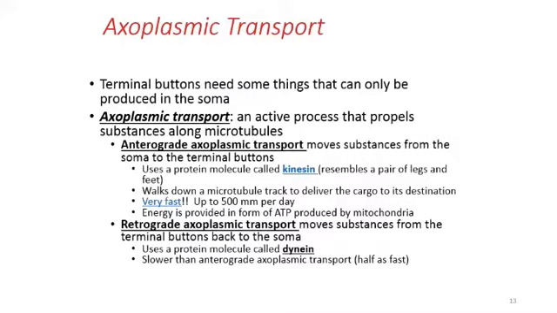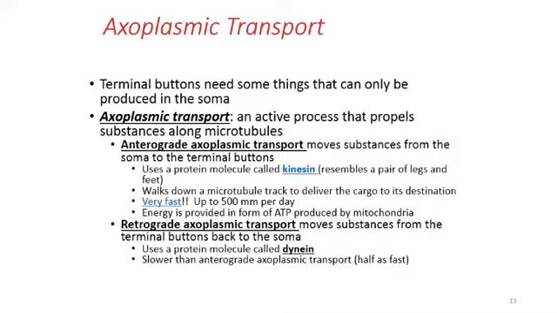There's one type of axoplasmic transport that goes from the soma down to the terminal buttons, and that is called anterograde axoplasmic transport. And it uses a protein molecule called kinesin, which kind of resembles a pair of legs and feet.